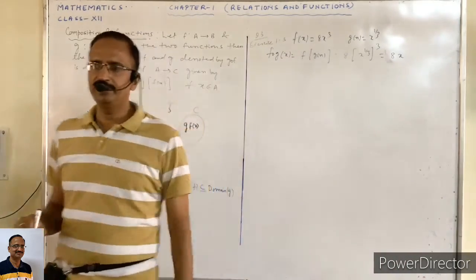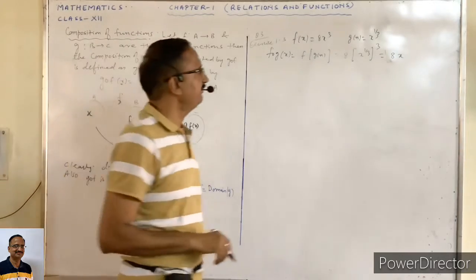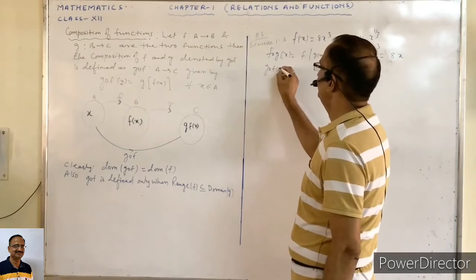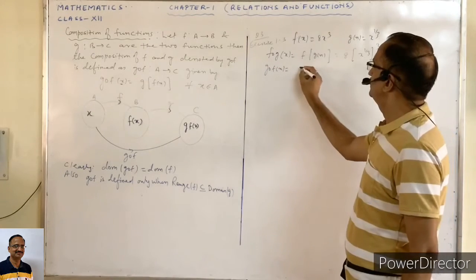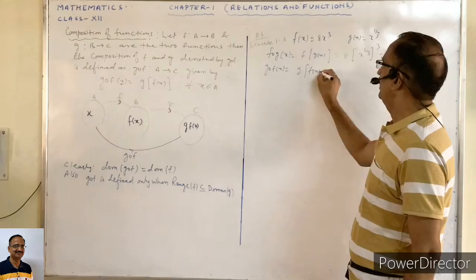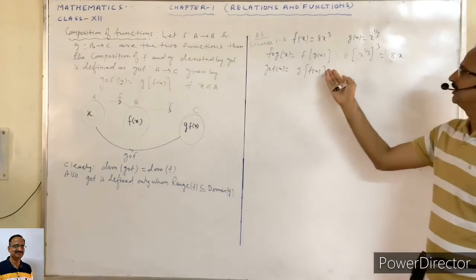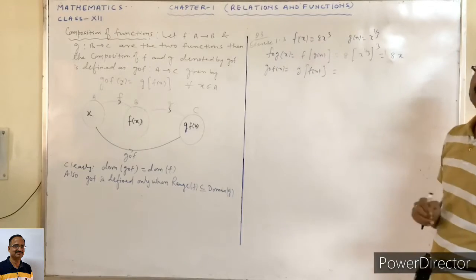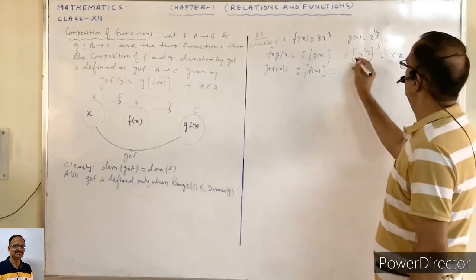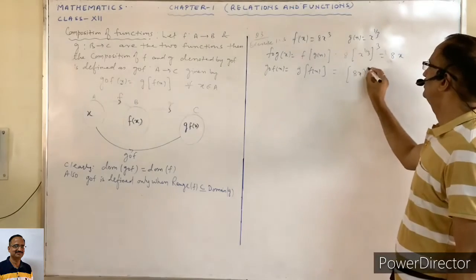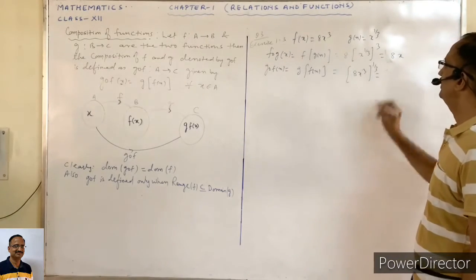Now we will find gof. gof of x is g of f x. Now in this we will put the value of f in g. So we will write in place of x, 8x cube raised to power 1 by 3.